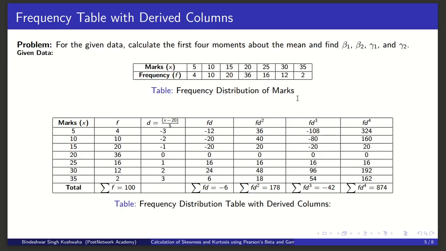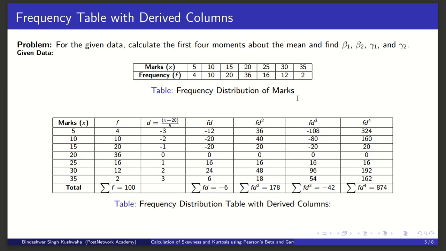Now let us take an example, a frequency distribution of marks, and you can see another table, a frequency distribution table with derived columns. So we will require fd, where f is frequency and d is the deviation, that means 20 subtracted from the observation and divided by 5.